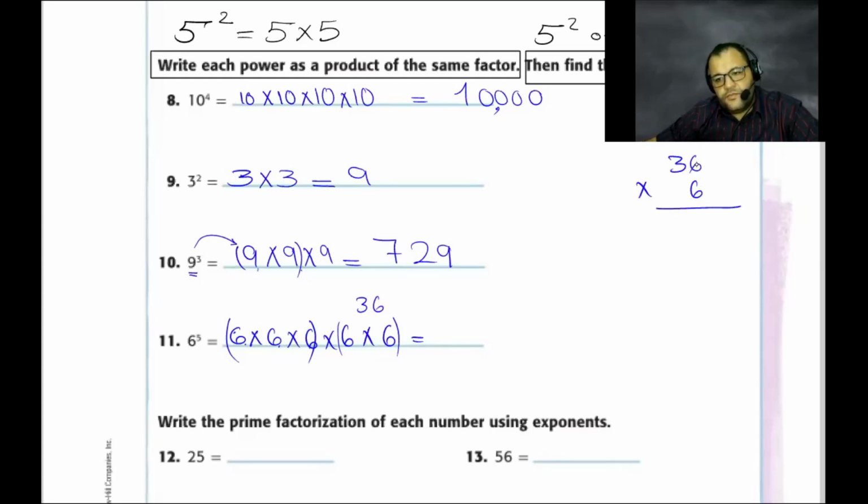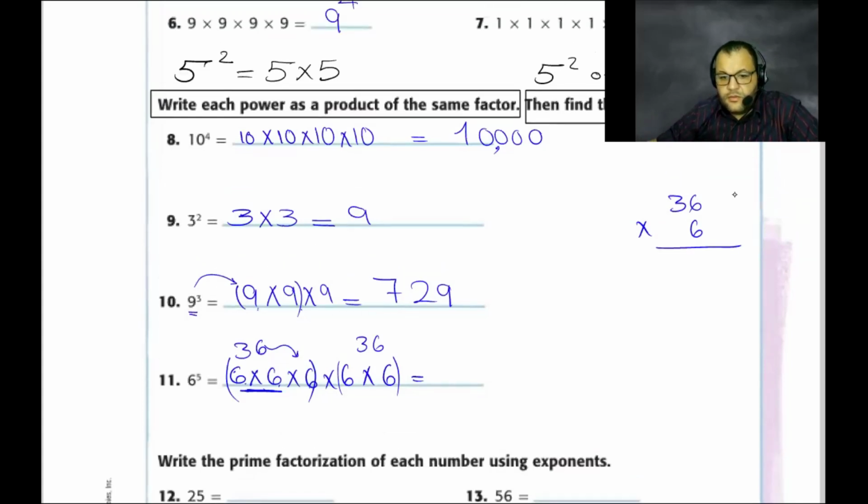We multiply 6 times 6 is 36. Now again we multiply it by 6. Step by step. 6 times 6? 36. Write 6 and carry 3.